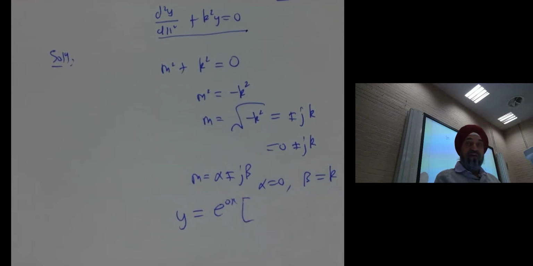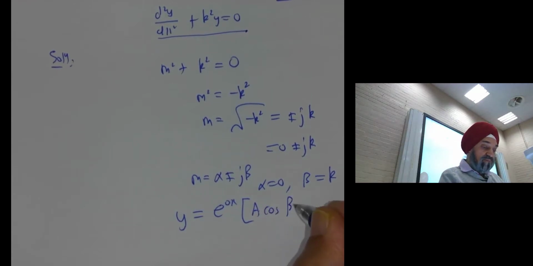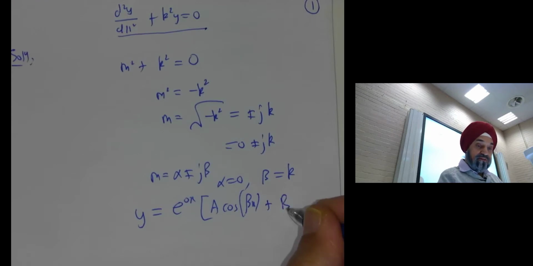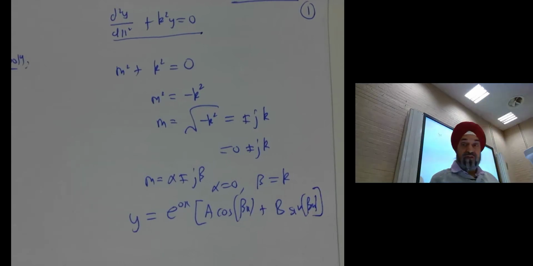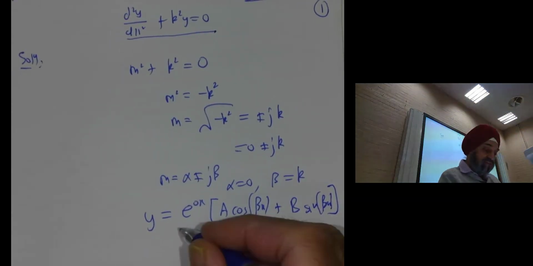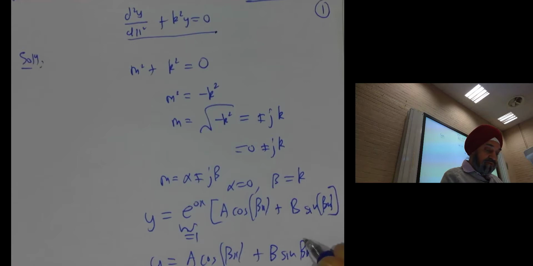And then a cos beta x plus b sine beta x, isn't it? Now, what's e to the naught x equal to? It's 1, so we end up with y is equal to a cos beta x plus b sine beta x.